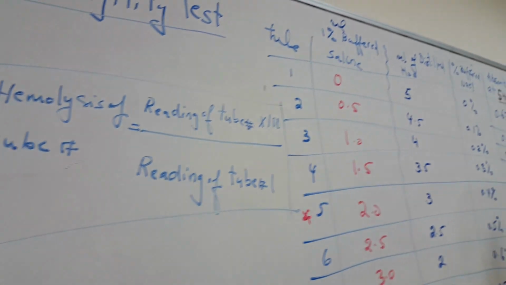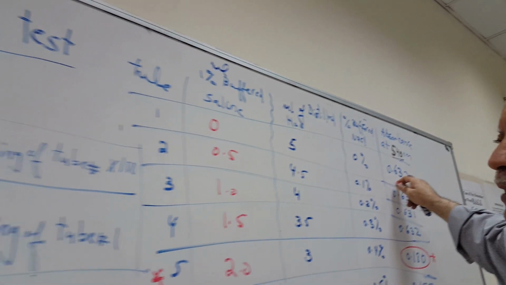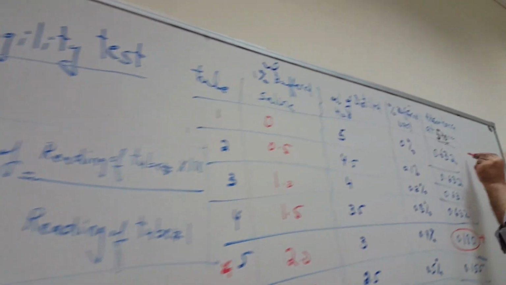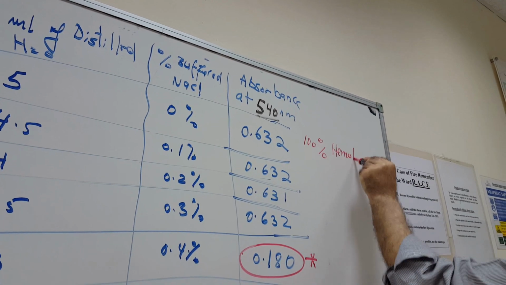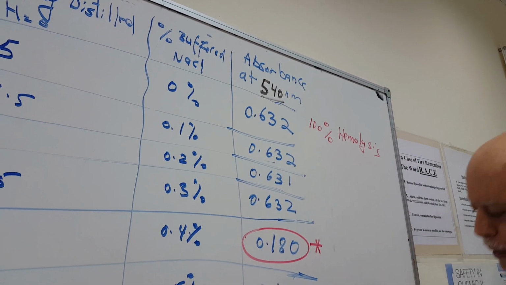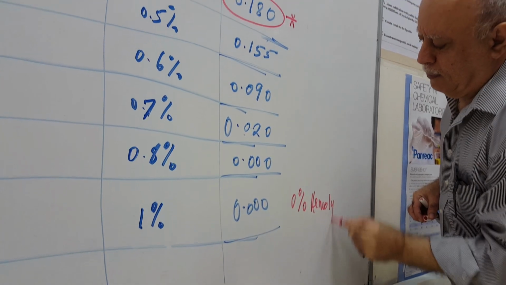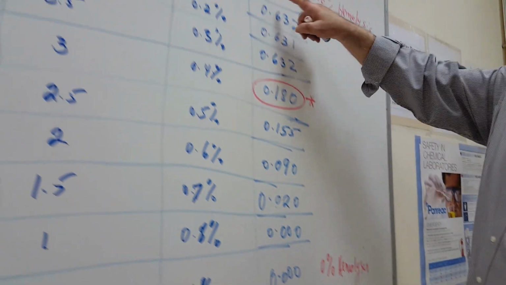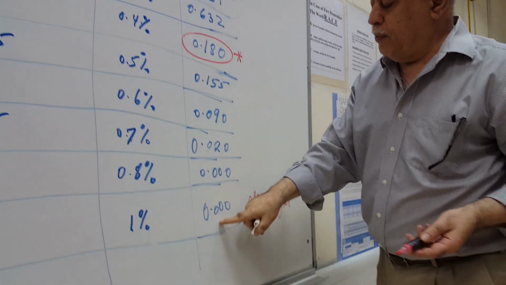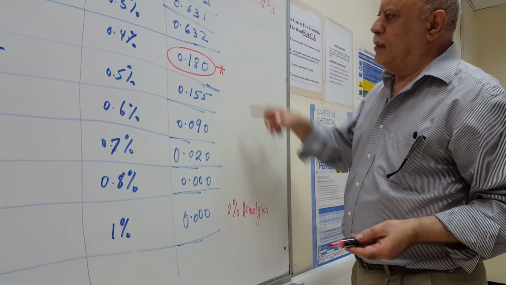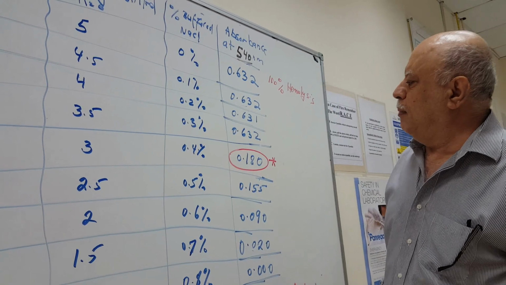We compare it with tube number 1, because this is 100% hemolysis. Here, 100% hemolysis. Here is 0% hemolysis. So if we get a reading 0.632, that means 100% hemolysis. If we get a reading 0.00, that means 0% hemolysis. Now, the in-between depends on how much hemolysis.